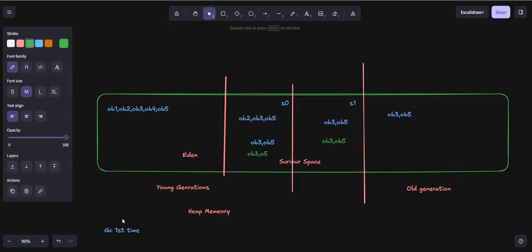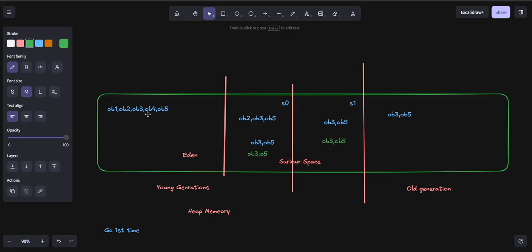Now the first time GC runs, the garbage collector identifies the objects which are unreferenced. In this example, there are 5 objects. The garbage collector identified that object 1 and object 4 are unreferenced, so it removes these objects.